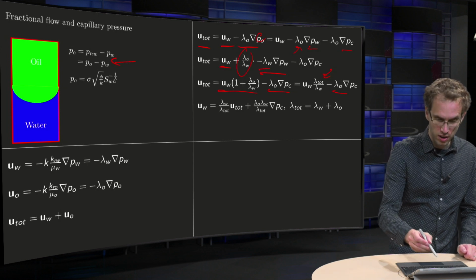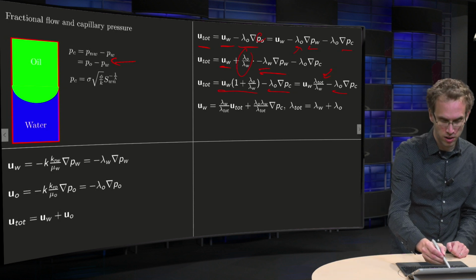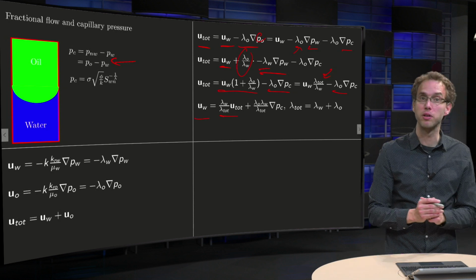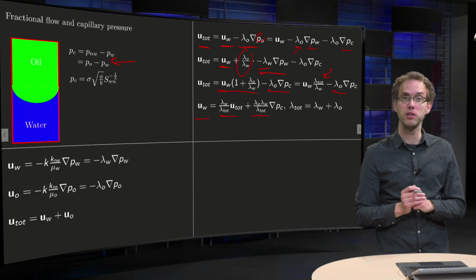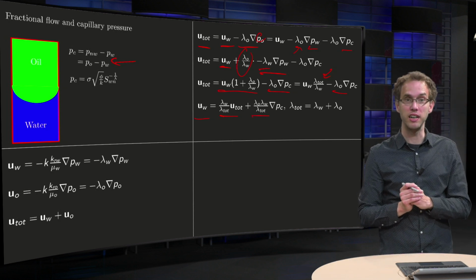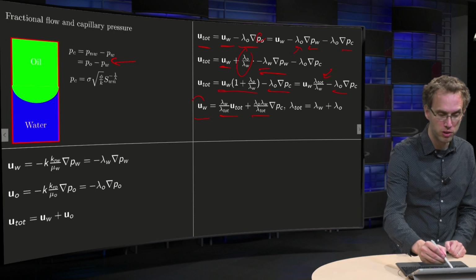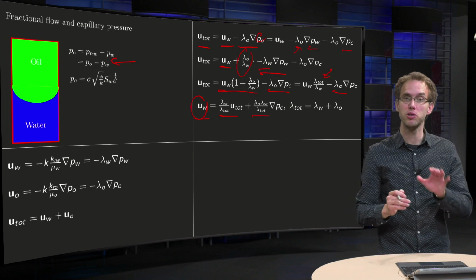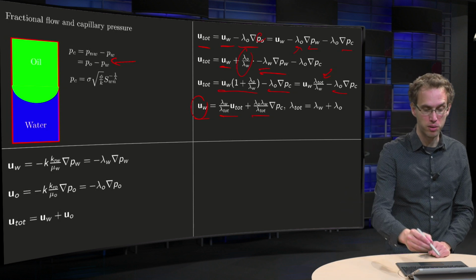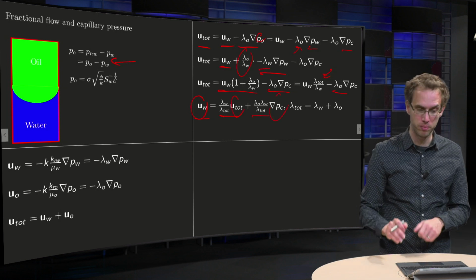because we see then that if we multiply by lambda W over lambda total, we get UW equals U total times lambda W over lambda total, and here also a lambda W over lambda total times lambda oil times this gradient of PC. So now we have expressed our water velocity in terms of mobilities, which are functions of SW, so we know them, and in terms of U total, and this one again depends on SW.